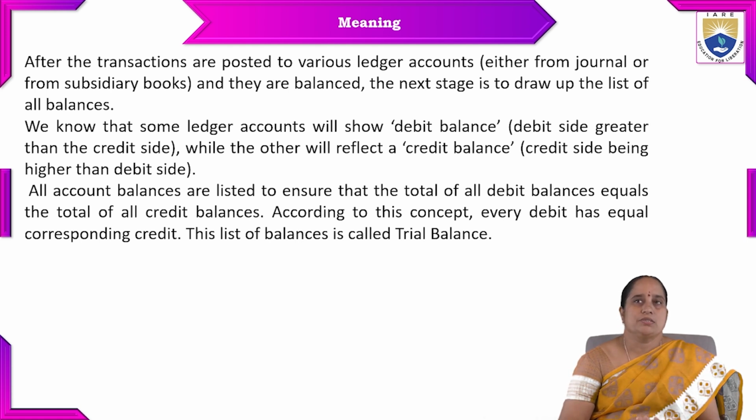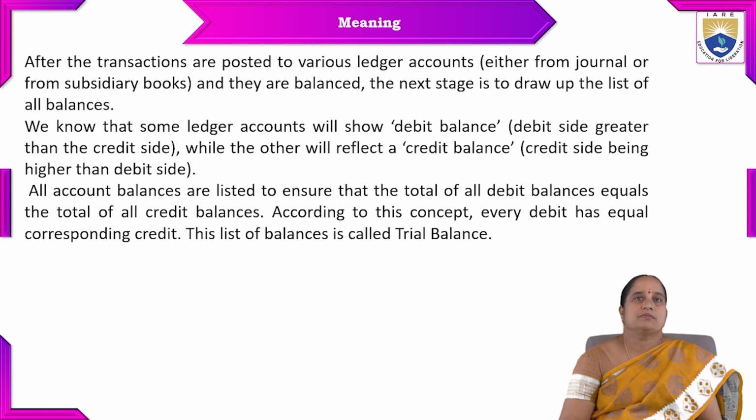The next stage is to draw the list of all balances. Some ledger accounts will show a debit balance, where the debit side is greater than the credit side, while others will reflect a credit balance, where the credit side is higher than the debit side.